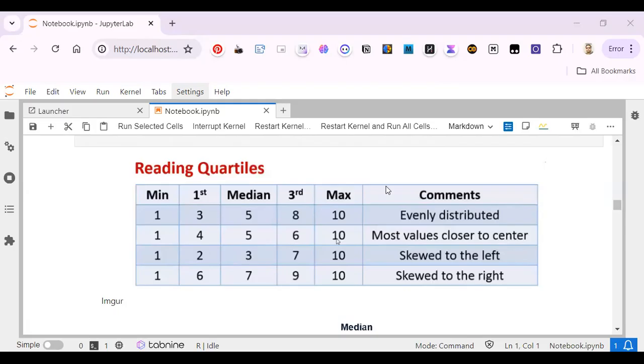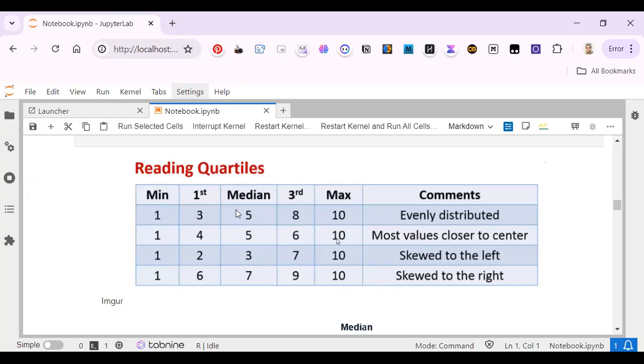It comes from these 5 values of data: 1, 3, 5, 8, 10. If we look at it, 5 is the middle of the 10 values, we know it. So that is the median.